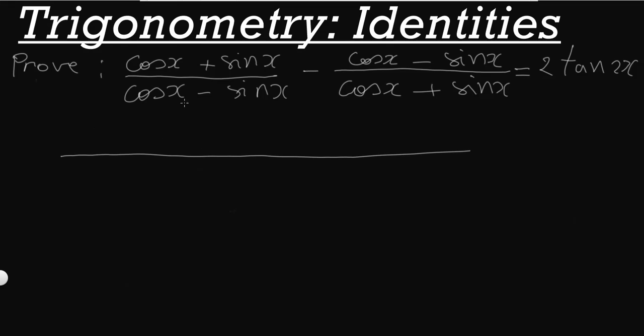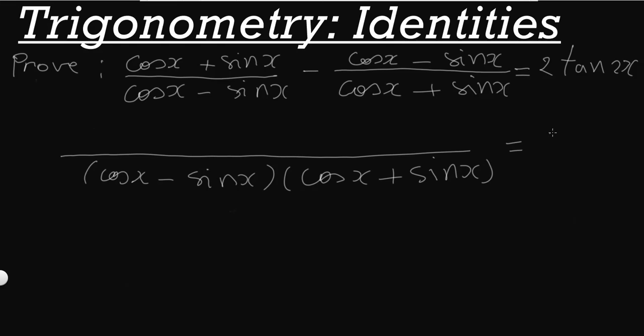What will be the common denominator? I have to multiply these two: cos x minus sin x multiplied by cos x plus sin x, all equal to 2 tan 2x.